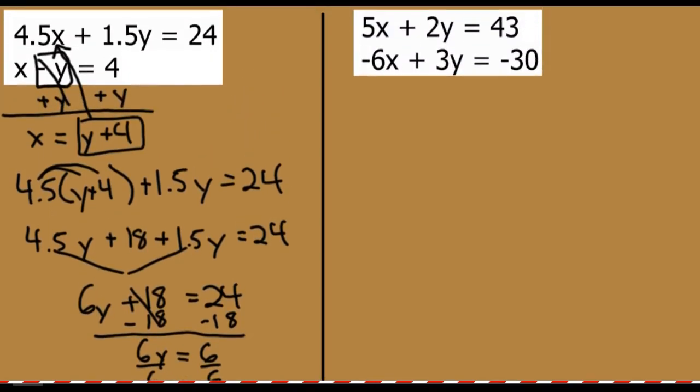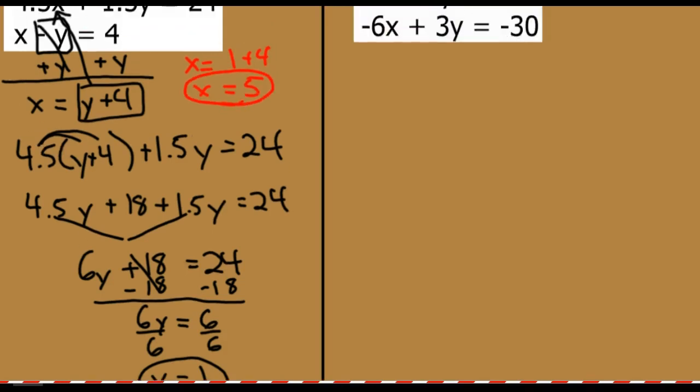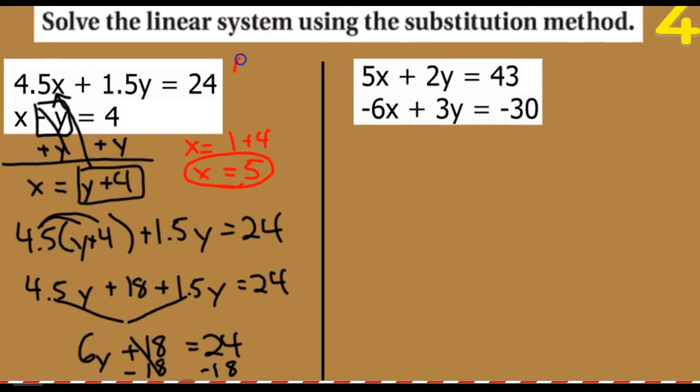So if y equals 1, we can plug in 1 to our easiest equation, which is x equals y plus 4. So we have x equals 1 plus 4, which is actually just x equals 5. So the solution to this system is 5, 1.